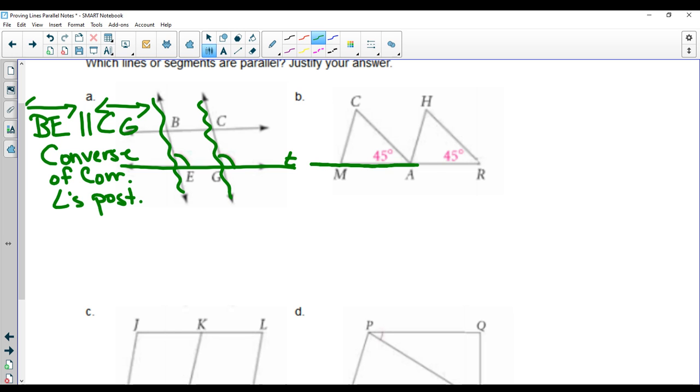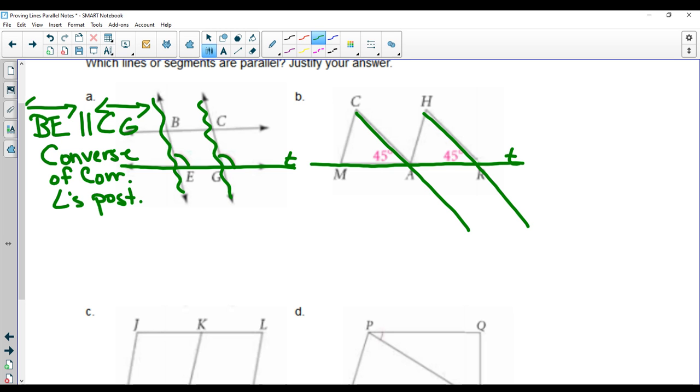So I'm going to extend this, because I'm thinking that's a transversal. Because I can extend that and that. And by doing that, I've picked a transversal, which was the MR.